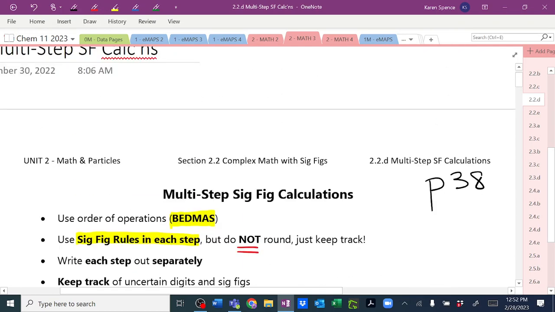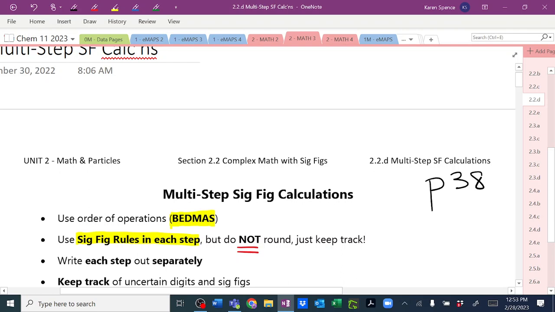Tell your partner, remind them, what is the addition and subtraction rule. When you're adding or subtracting, you round to the first or largest uncertain digit.